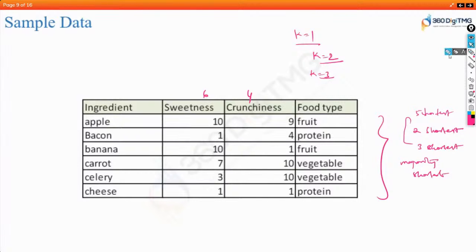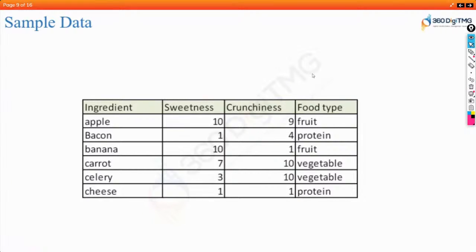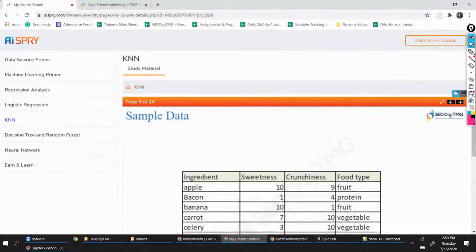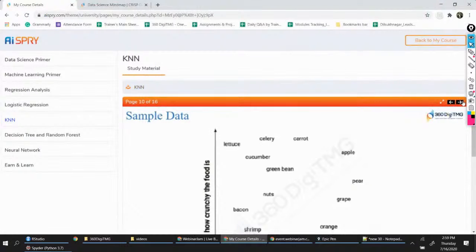So this is how we train the KNN and find the appropriate K for our prediction purposes. Any question?